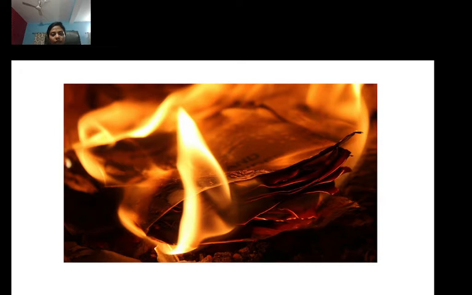Other than that, smoke is coming out. And then we can see light produced from burning. And if I bring my hand near the burning paper, then what will I feel? Yes, heat. I will feel heat.